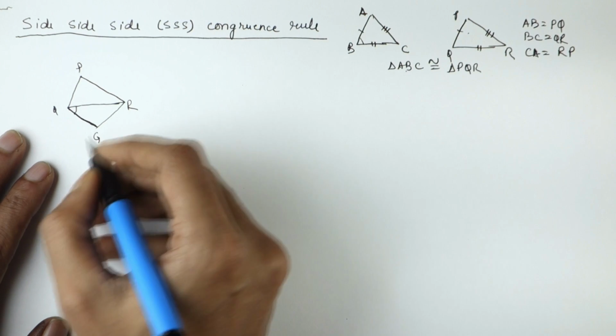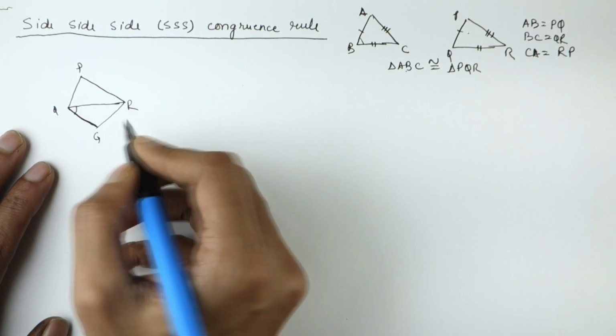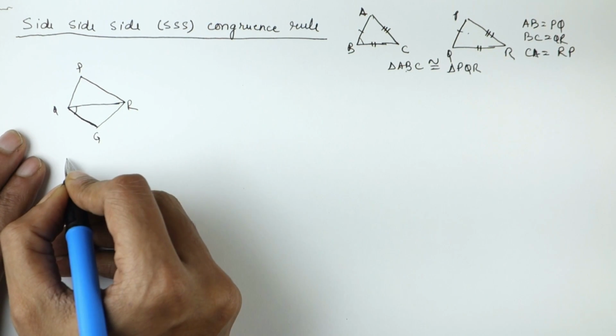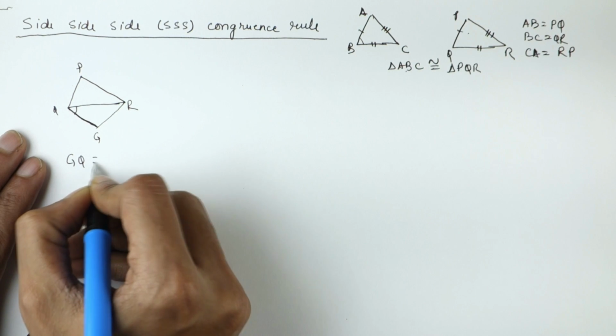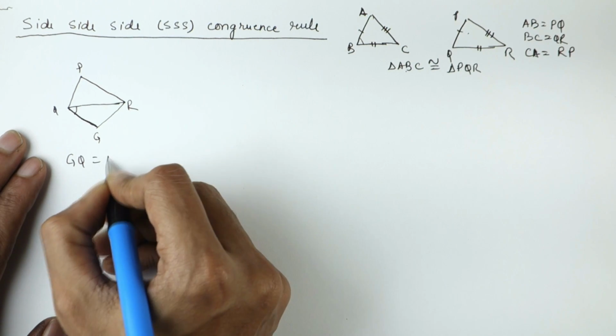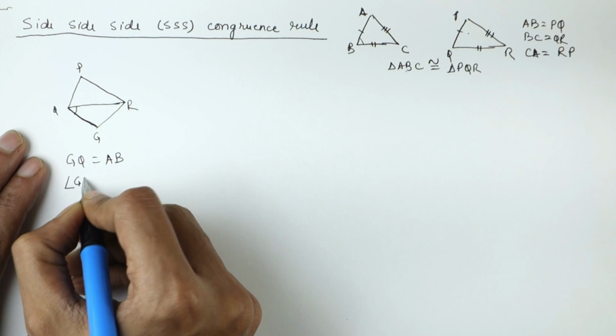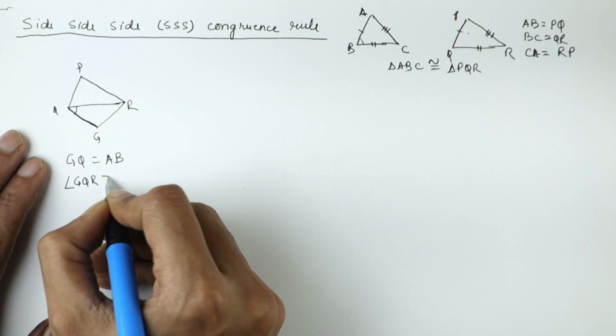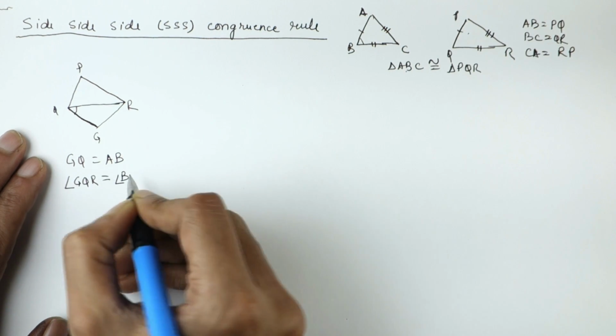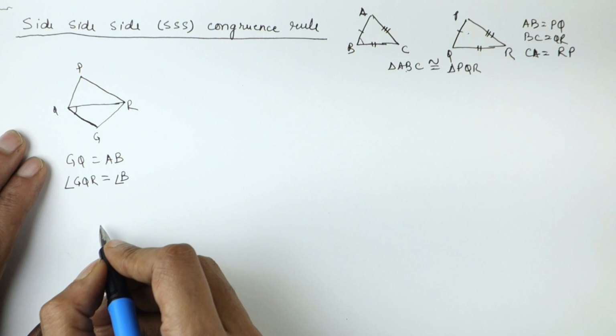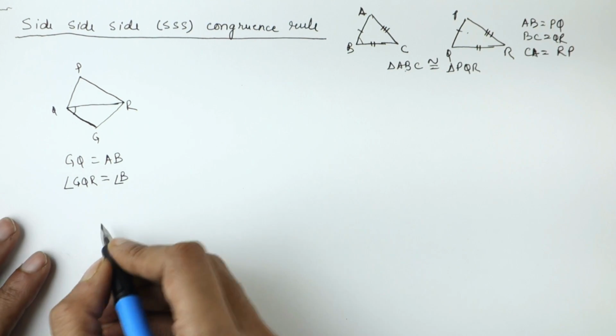So what we are saying with the triangle GQR is the side GQ is equal to the side AB, and angle GQR is equal to angle B of triangle ABC.